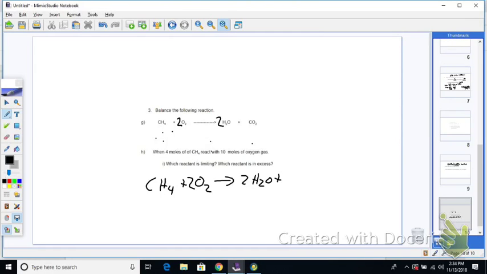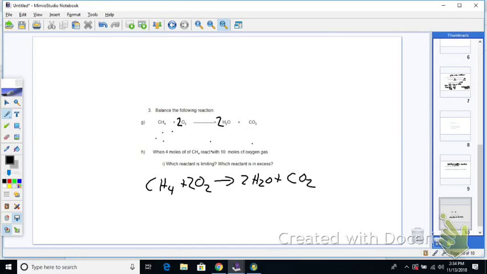Wait, why do you have a 3 in front of O2? Because there's 3 O's on that side, and when I put a 2 in front of the H2O, it makes 2, and 2 is 4. So 2 in front of that.